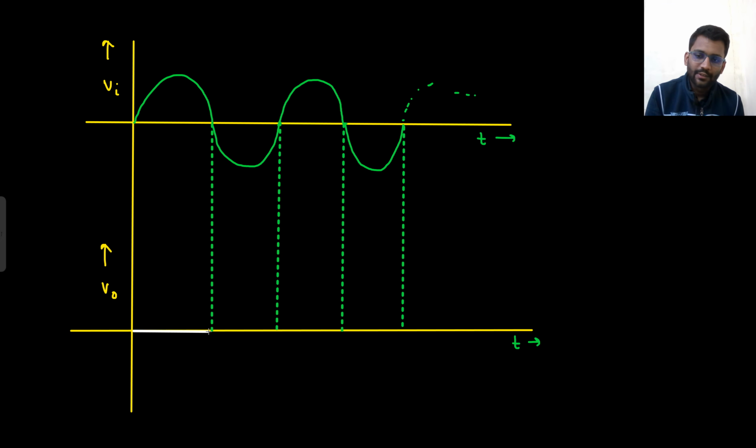For all the positive values, it will be 0. For negative values, it will follow the input.